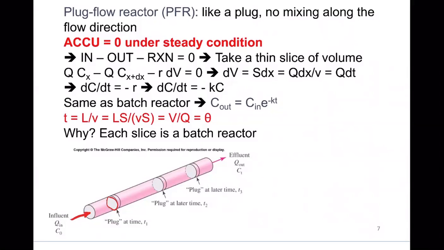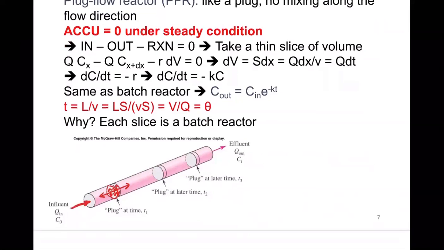There's no mixing along the flow direction, but there is mixing across the flow direction, so everything within this thin slice is well mixed. If you follow this thin slice, at the beginning it has a high concentration of the pollutant.